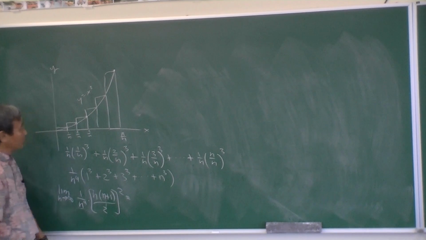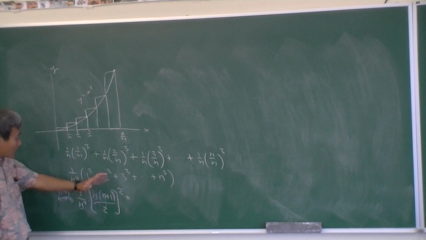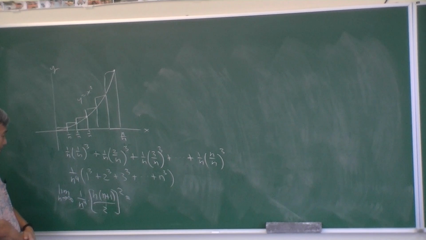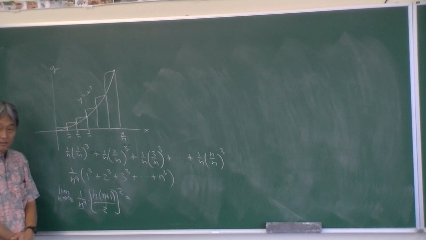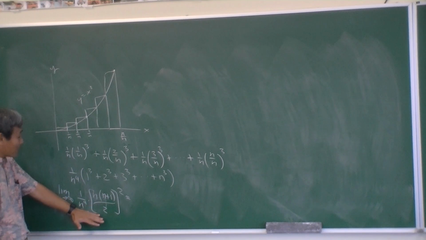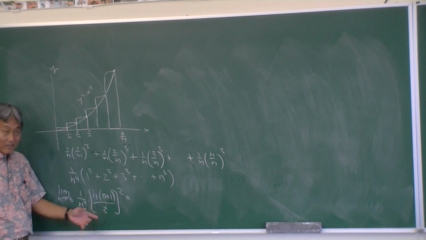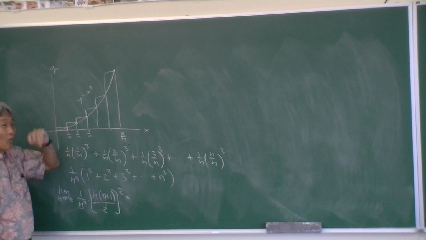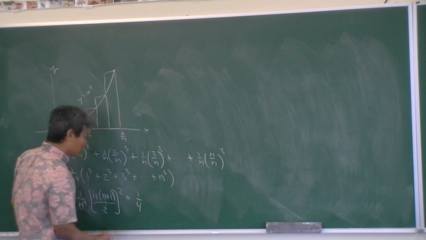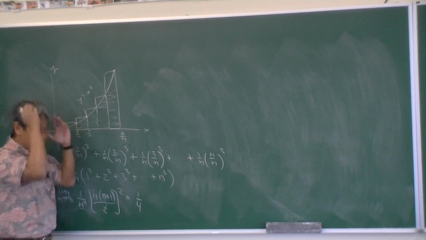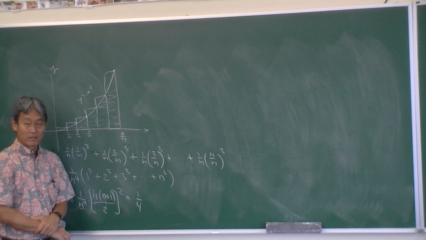If I multiply out the top, the first term is n to the 4th. At the bottom, you get 4n to the 4th. So the coefficients give 1 over 4. So this area is exactly 1/4 square unit. Exactly.